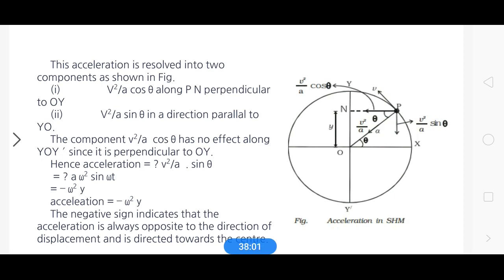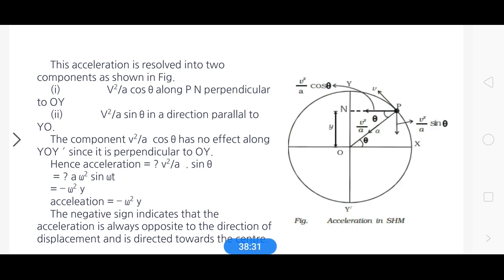So acceleration is equal to v square by a sin theta. Since v is equal to a omega, v square by a sin theta is equal to a square omega square by a into sin theta. So a gets cancelled, and we finally get acceleration is equal to a omega square sin omega t.